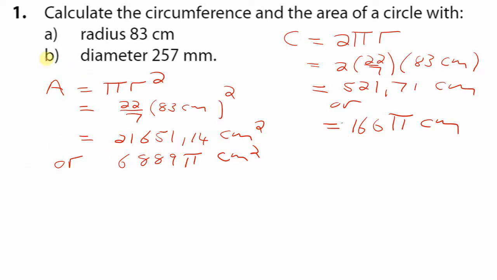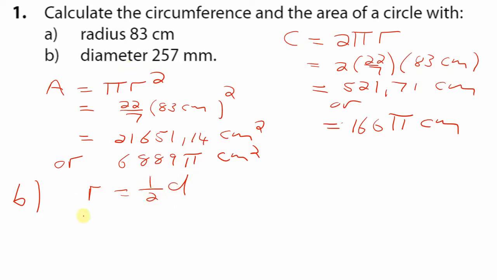So let's deal now with number B. So it's the same question, just a different measurement. We have now a diameter of 257 millimeter. Now we need to know how radius and diameter are related. So the radius is equal to half of the diameter.